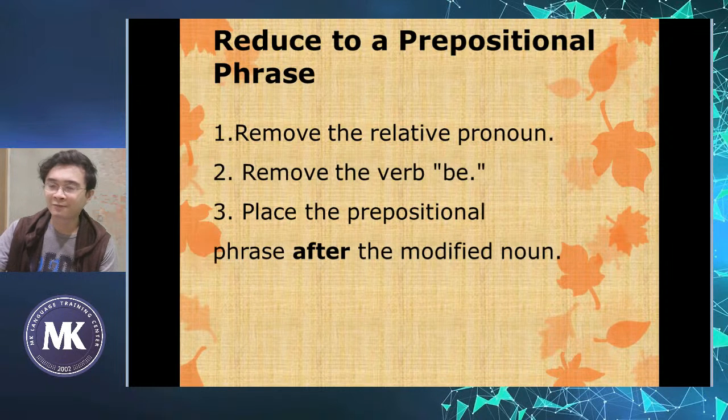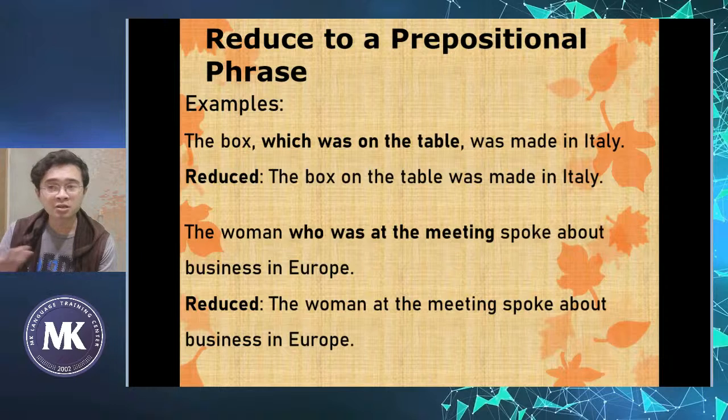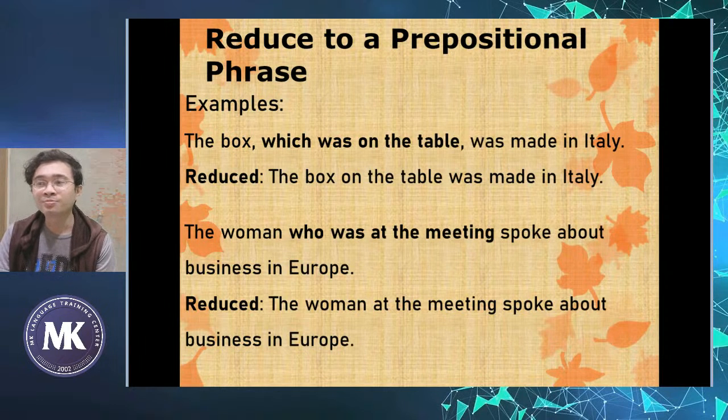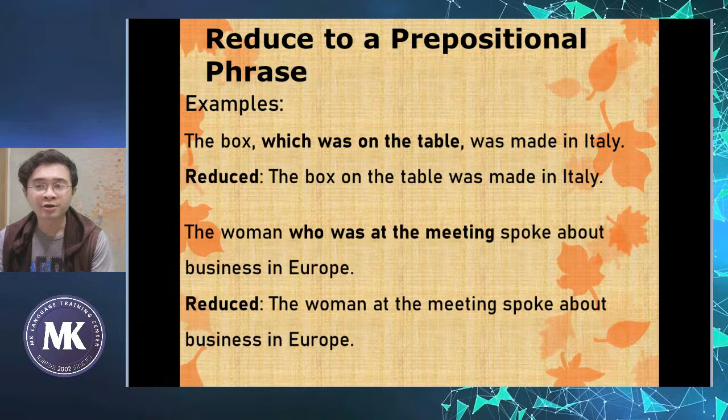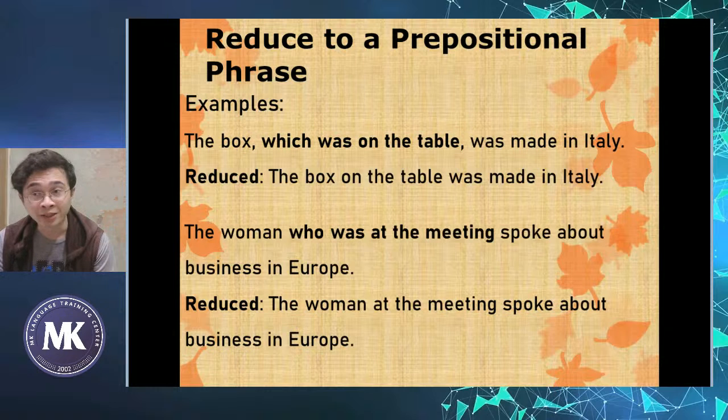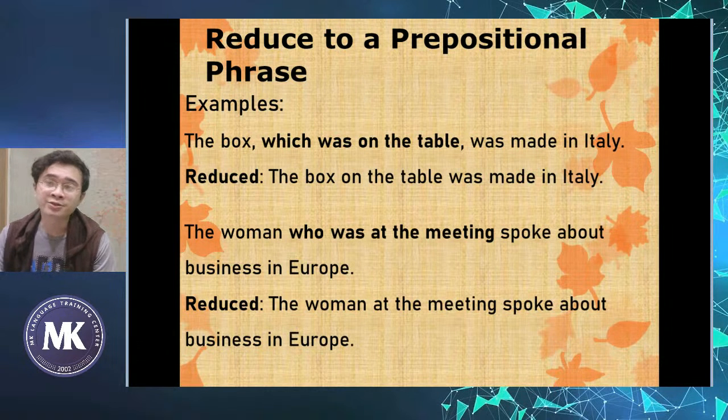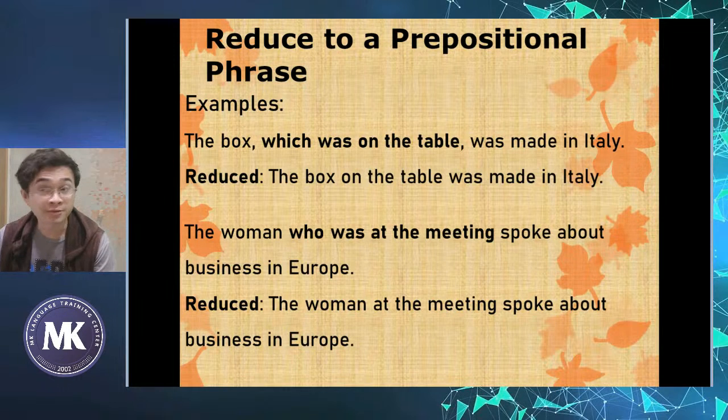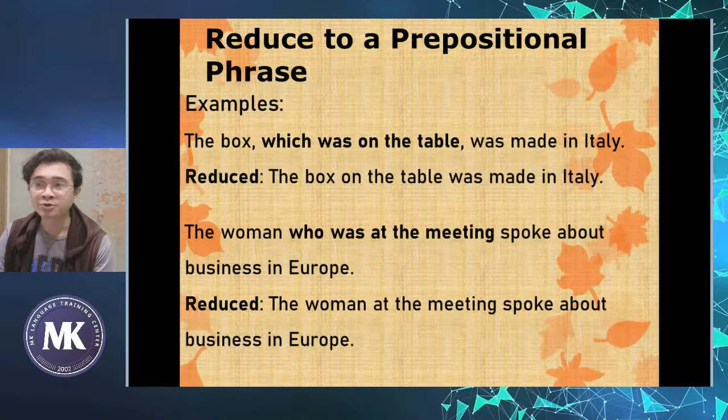Here, for example: the box, comma, which was on the table, was made in Italy. So our relative clause here is "which was on the table," and this clause modifies the box in our sentence. We want to reduce this into a prepositional phrase.